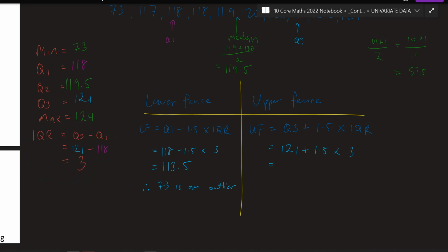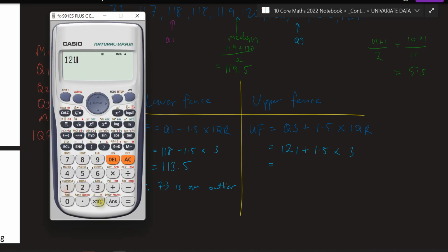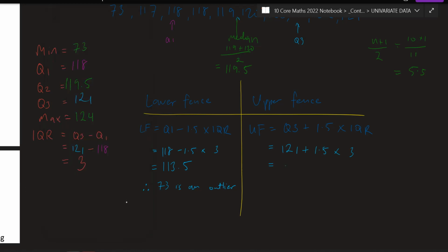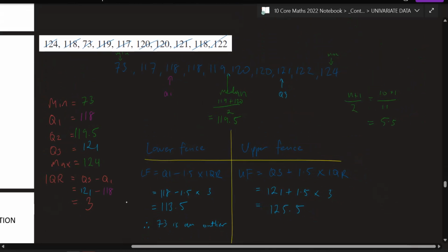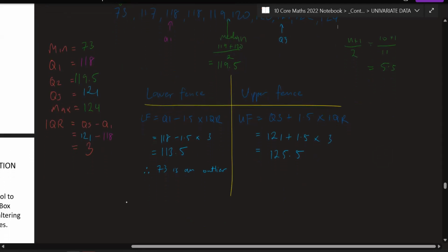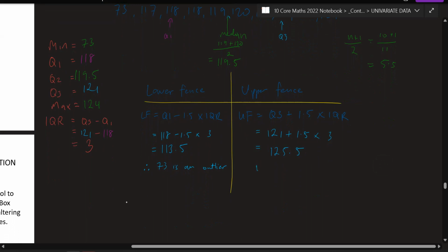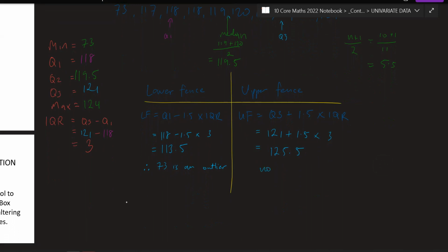So put it in your calculator: 121 plus 1.5 times 3 is 125.5. That means anything higher than 125.5, which would be after 124, is an outlier. Because there are no outliers, you can just write no outliers. That's for the upper fence, but there is one in the lower fence, which is 73.